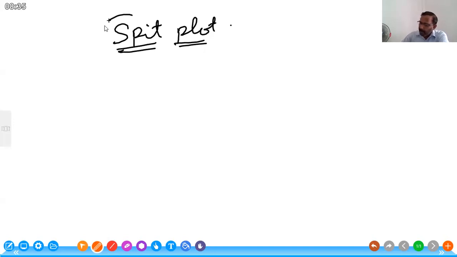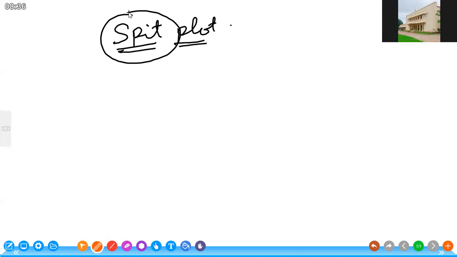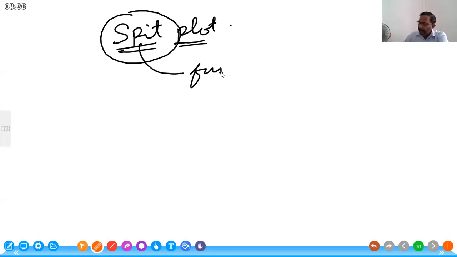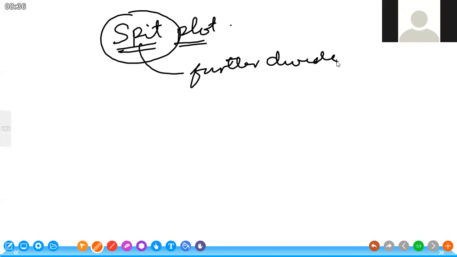Split. What do you mean by split? In Tamil and Sinhala, what do you mean by split? Separate. We can say, in another term, further divide.